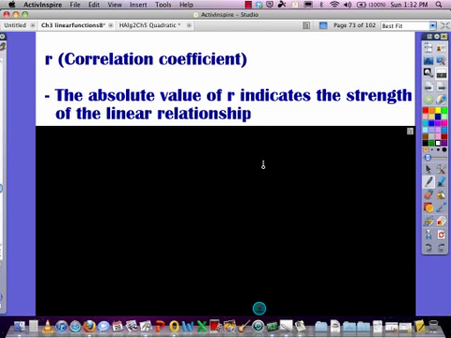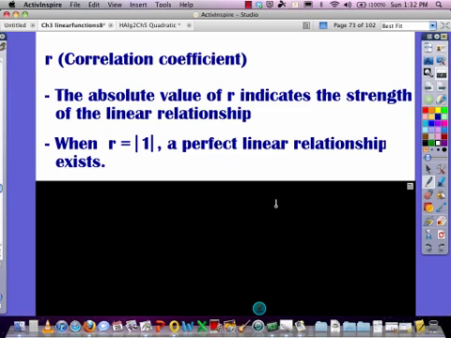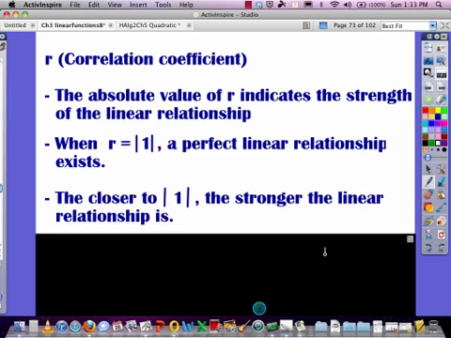The closer it is to 1, the stronger it is, the more perfect a fit it is. Think of it that way. When r equals 1, you have what we call a perfect linear relationship. All the points in that data line up exactly on a line. The closer it is to 1, the stronger the linear relationship is. So if we had a 0.98, that would be a very strong but not perfect linear relationship.